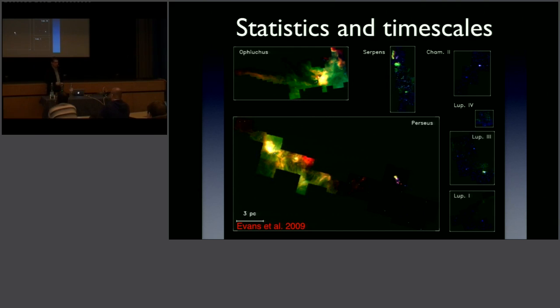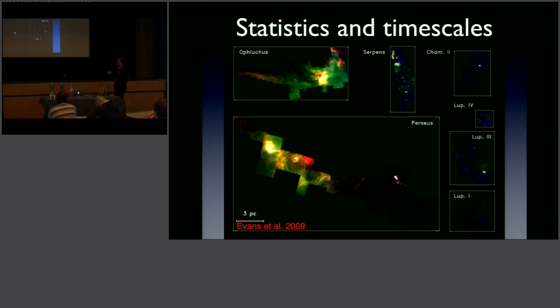So this viewgraph is an example of one of the legacy projects done with the Spitzer satellite, which was essentially observing in the mid-infrared range from 3 microns up to 24 microns. And this is how some star-forming regions appear.